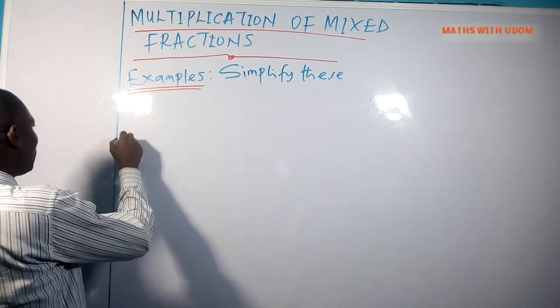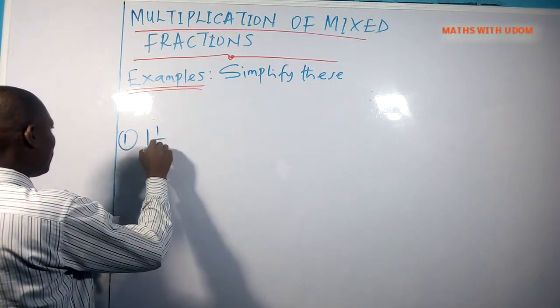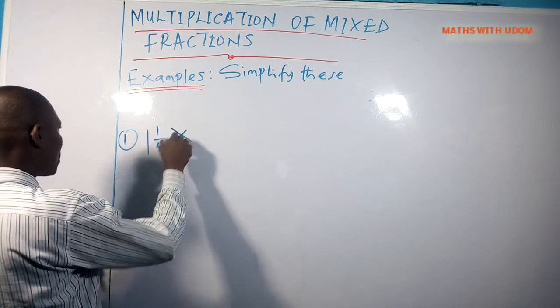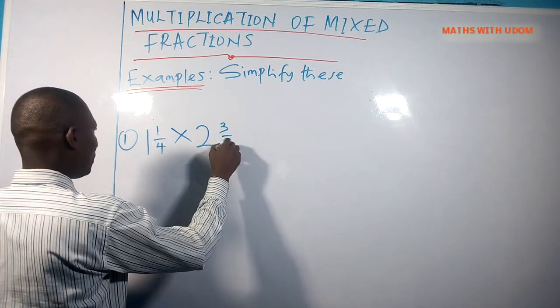So we have number one, 1 whole number 1/4 times 2 whole number 3/5.